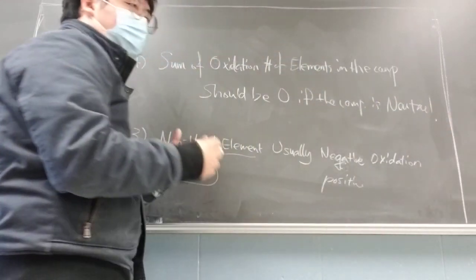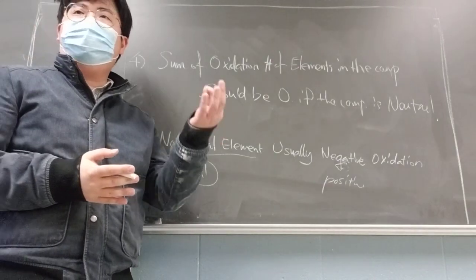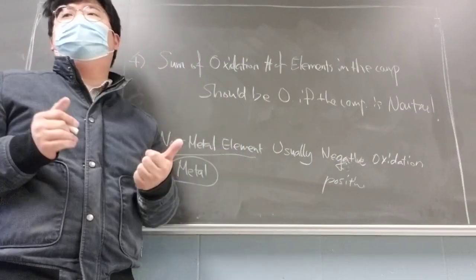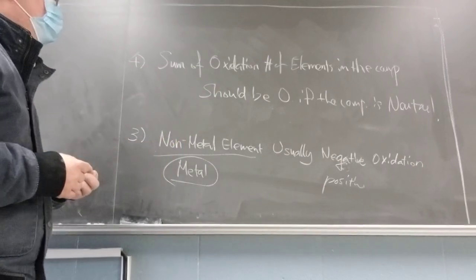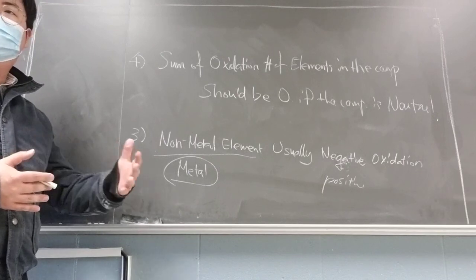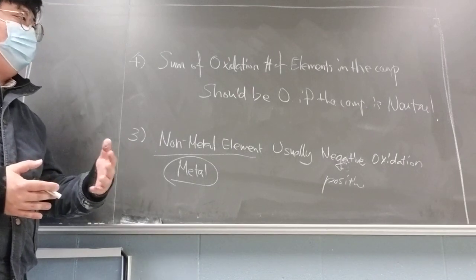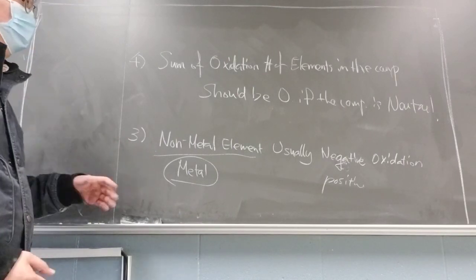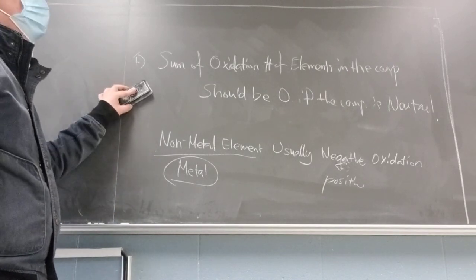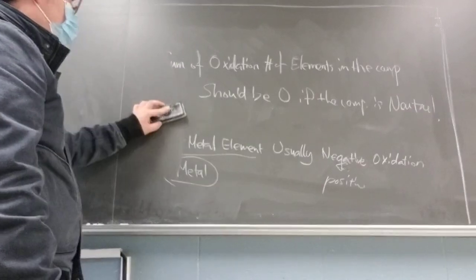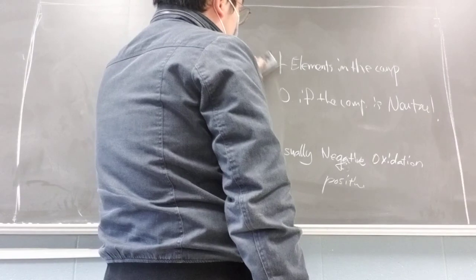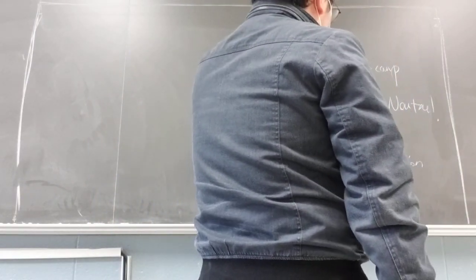So if there's no formal charge, a 0 formal charge on the whole compound, the sum of each element's oxidation number should be 0. Okay, that's what it says. So yeah, just try to read the 4 rules from time to time, and you can also use this information when you try to specify the redox or the oxidation in a full redox reaction when we do the problems together.